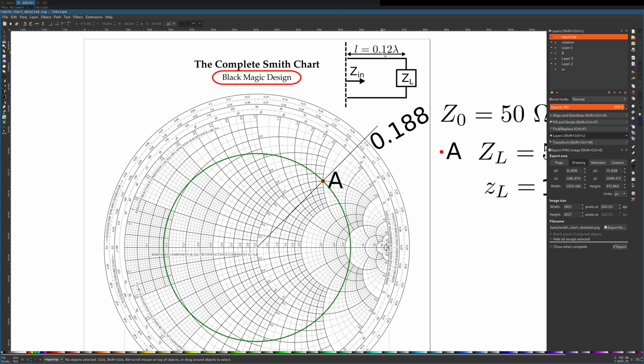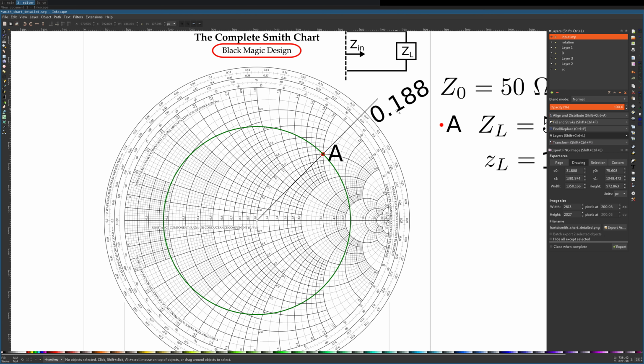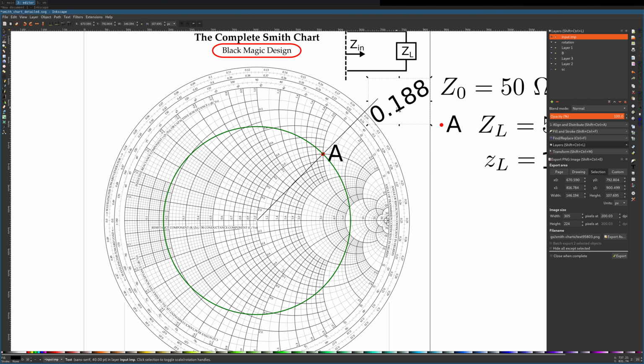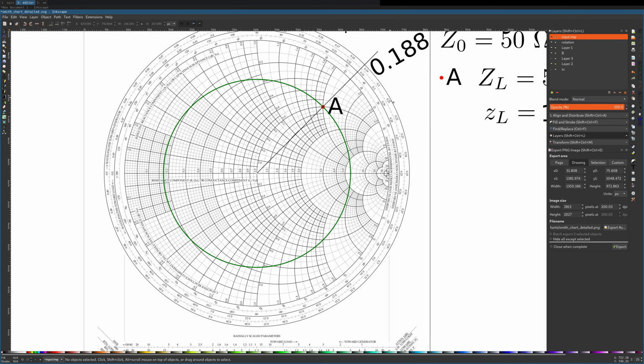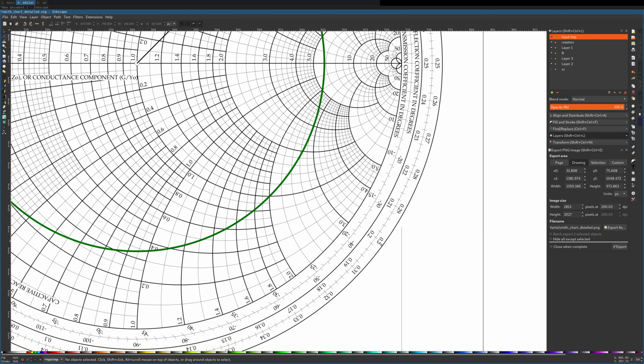And the line is 0.12 lambda long. Therefore, I will add 0.12 to this, which is 0.308. So I keep looking on the outer ring and find 0.308. It's roughly here. And I'll draw a line that intersects with 0.308, and again, a little further out than the Smith chart.